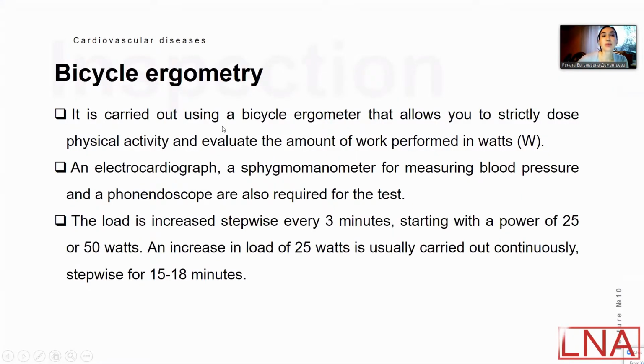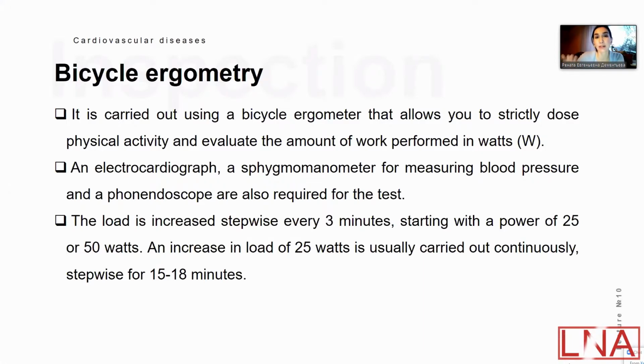Next, about bicycle ergometry. I think you discussed it in functional diagnostics also. This method is carried out using a bicycle ergometer that allows you to strictly dose the physical activity and increase the load of physical activity, and evaluate the amount of work performed in watts.